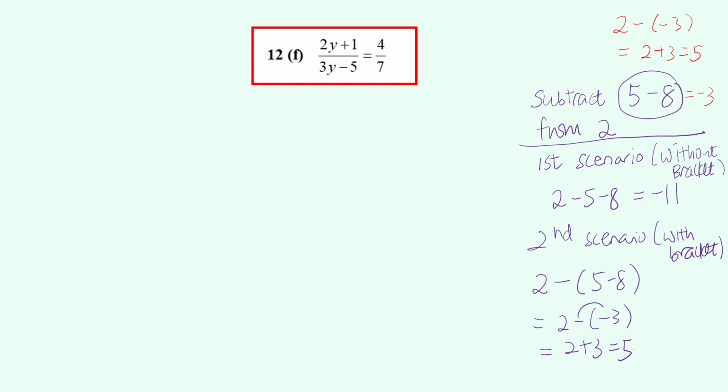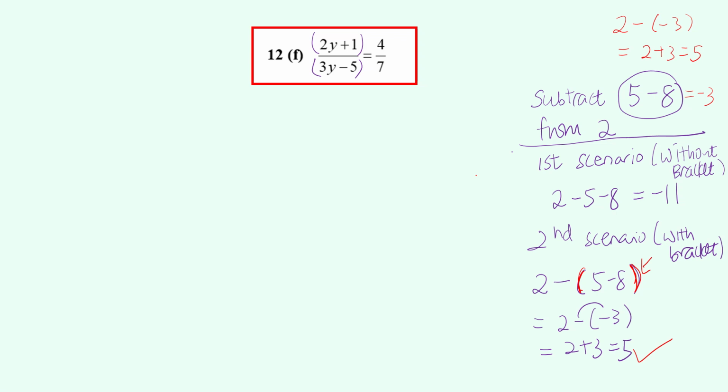That is the second scenario, which is the one that you need to bracket. So that's the reason why every time you see more than 1 term, you bracket it before disaster happens. Bracket it first.